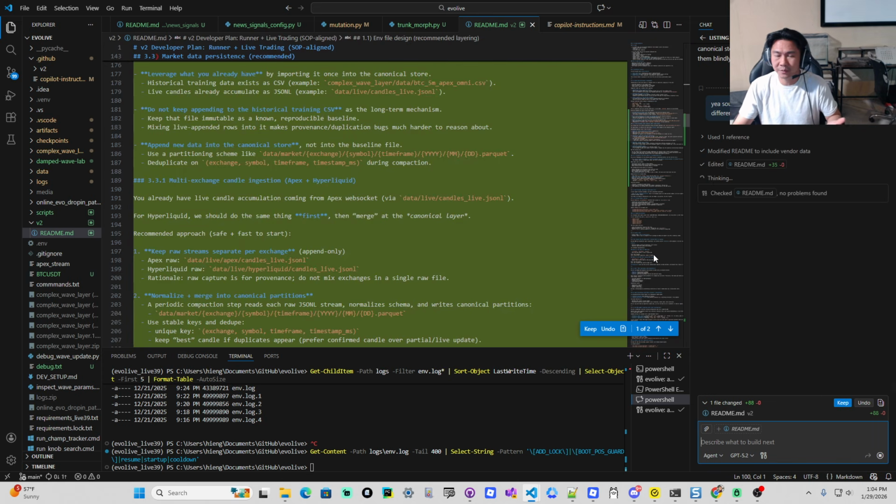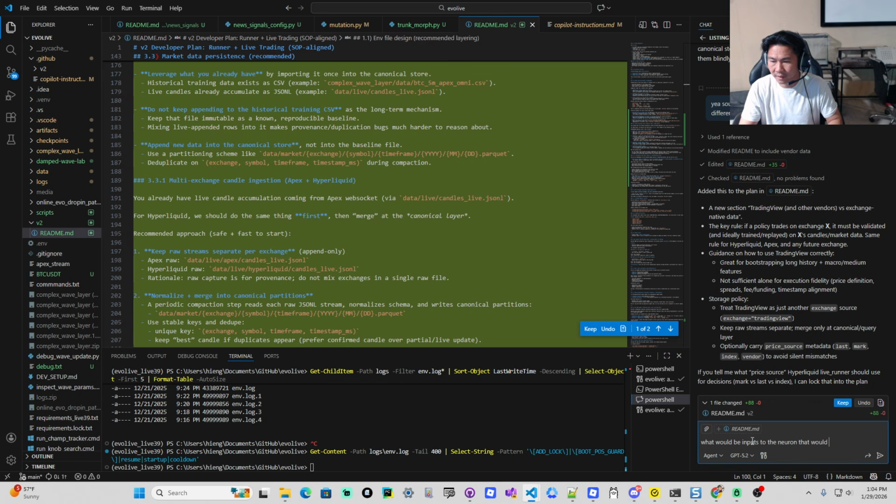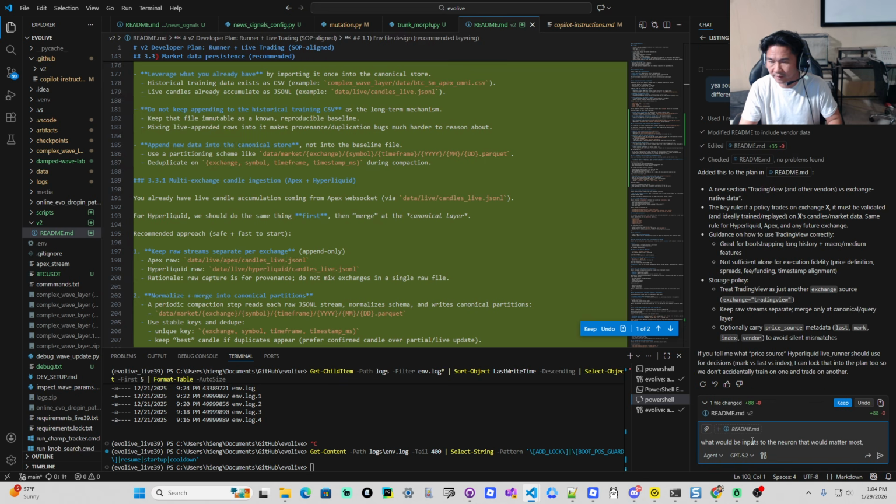Alright, so then we're going to talk about the inputs to the neuron. What would be the inputs that would matter most?